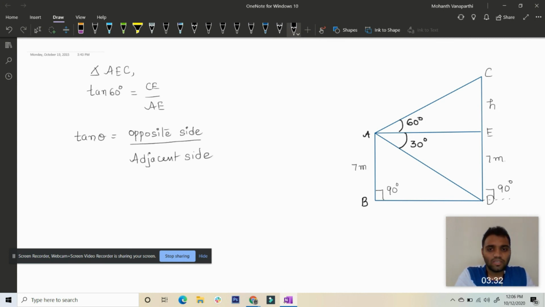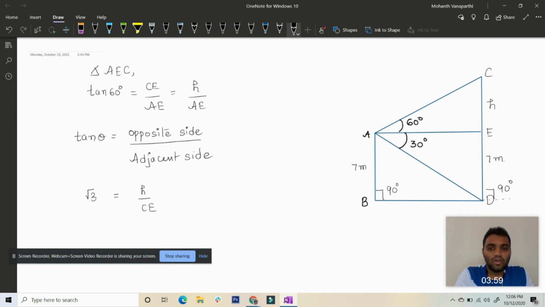Now we assume that the length of CE is H, so I am substituting the value H in place of CE and keeping AE as it is. We also know that the value of tan 60 is root 3. So root 3 is equal to H by AE.